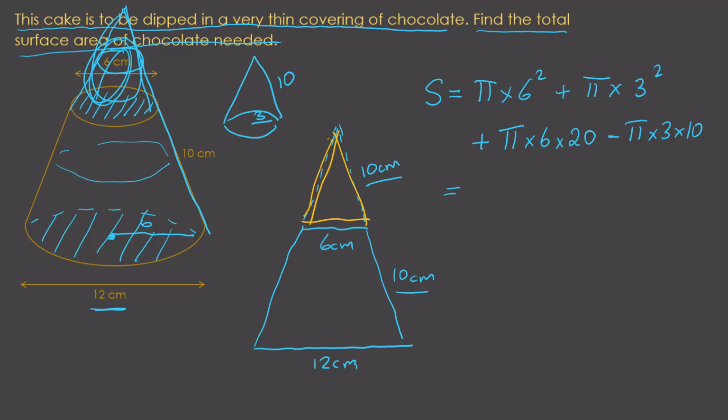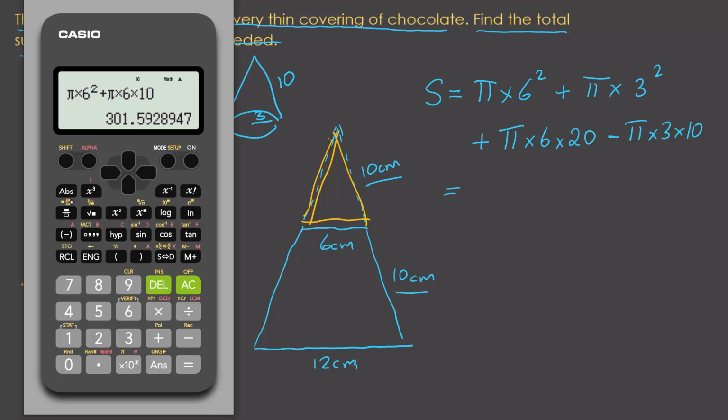And now we're in a position to calculate that. So we've got pi times 6 squared, that's for the bottom circle, add pi times 3 squared, which is for the top circle, and then for the curved surface we've got pi times 6 times 20, take away pi times 3 times 10.